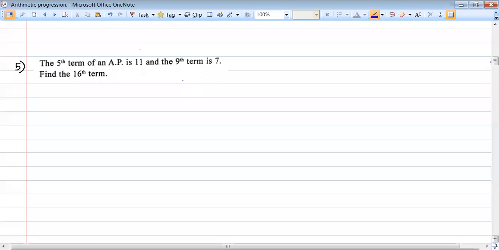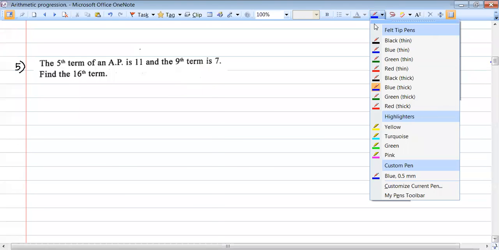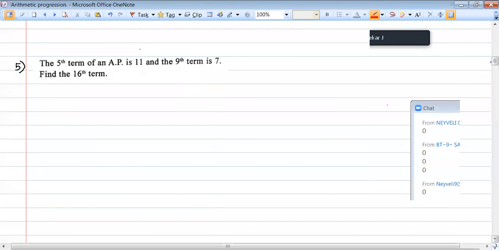Very good. Many students are sending the right answer, 0.